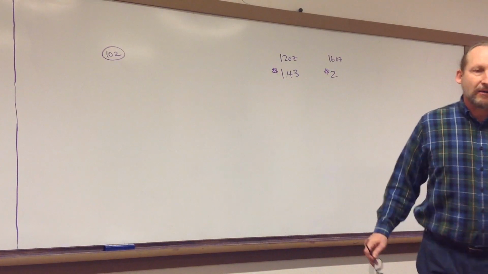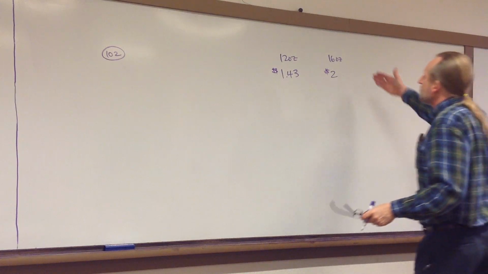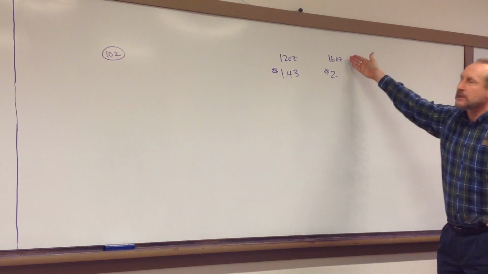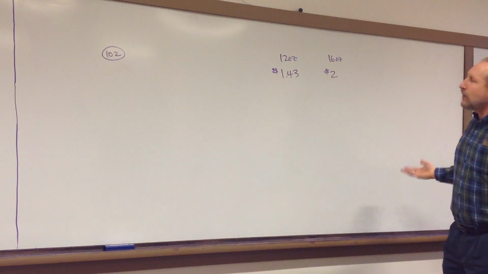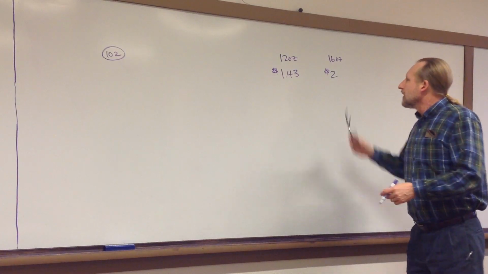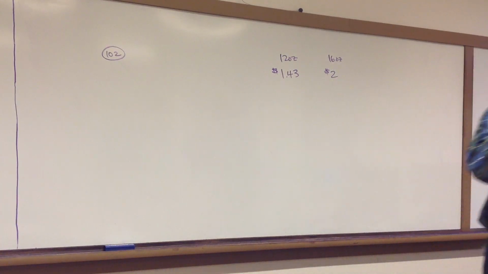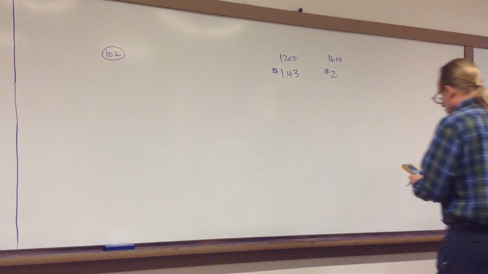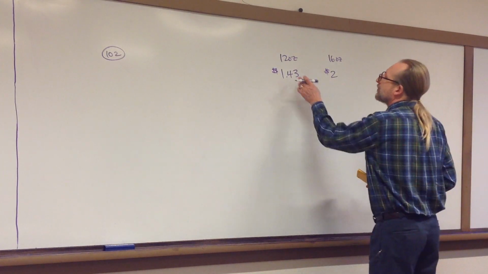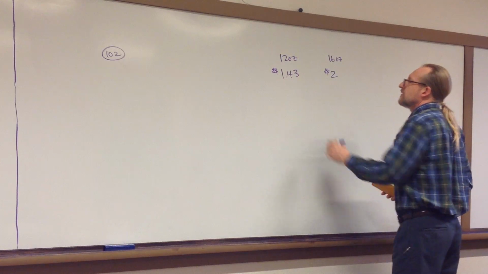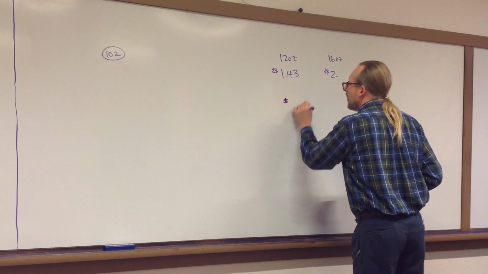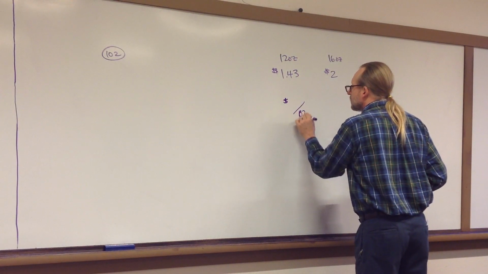Which one's the better deal? Well, if you need 16 ounces, then you probably should get the 16-ounce package. But if you want to just get the cheapest one, you have to be able to compare these in some way. And so that's unit cost: we want to divide the price by the number of ounces, and that'll tell you the cost per ounce.